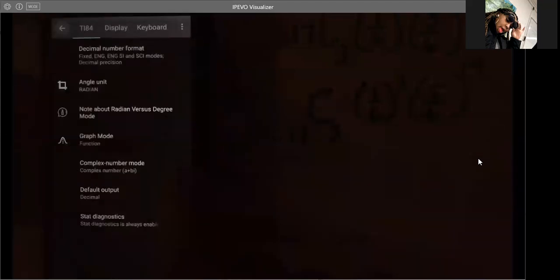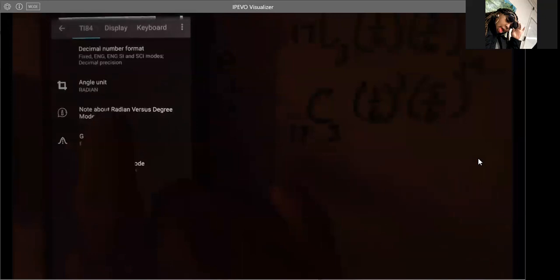So notice, now you can, if you go to mode, and go to display, decimal number format, normal mode, okay, if we were in normal mode, and normally the calculator is in normal mode, you're going to get all these decimals, right?